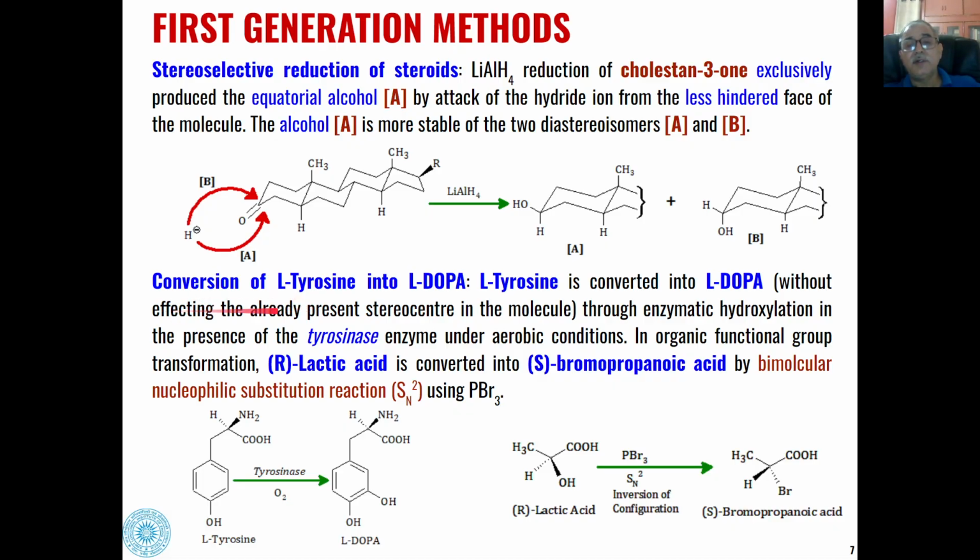Then conversion of L-tyrosine into L-dopa. So this is L-tyrosine, an optically active substrate.